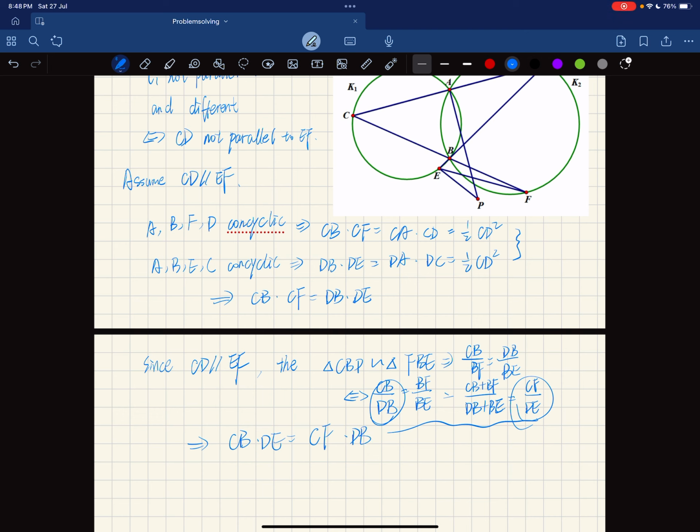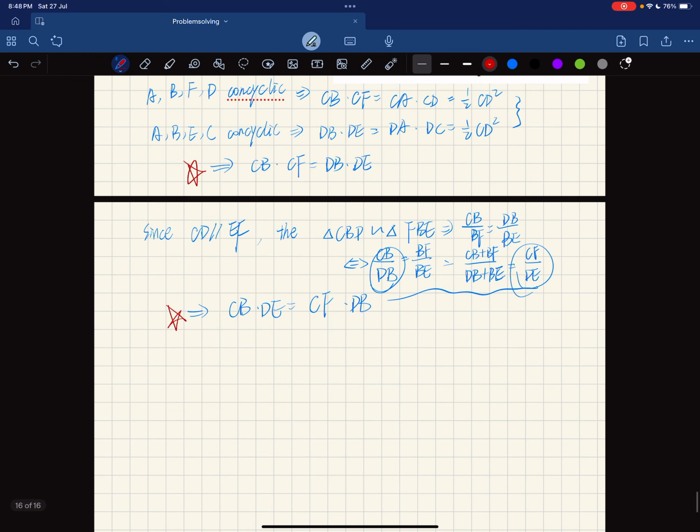If we compare these two things, maybe we cannot deal with it like this, or maybe we try a new way. This is 1 and this is 2.